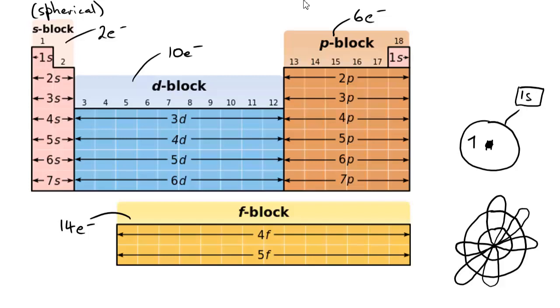Another thing to understand is I've talked about subshells, and I've also mentioned orbitals, and I want to make this clear. Now the subshells are just the blocks. So there's an S block, a P block, a D block, and an F block.